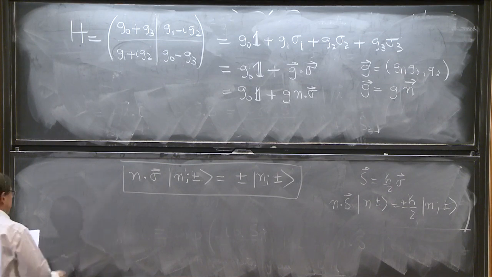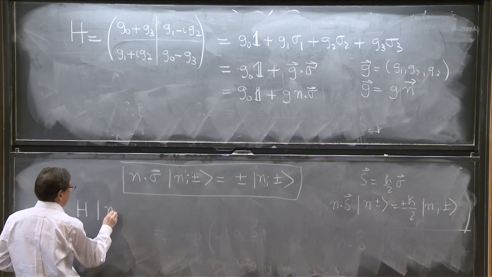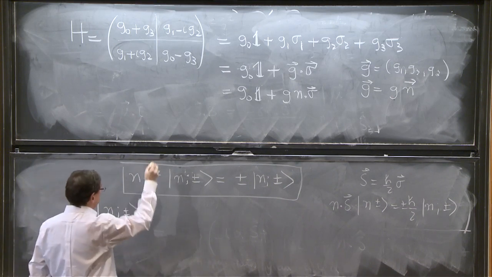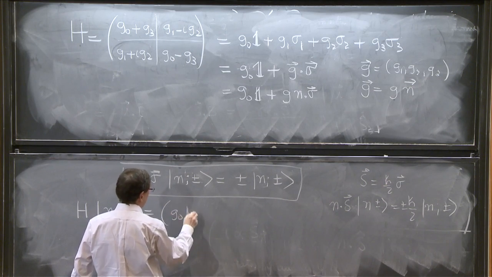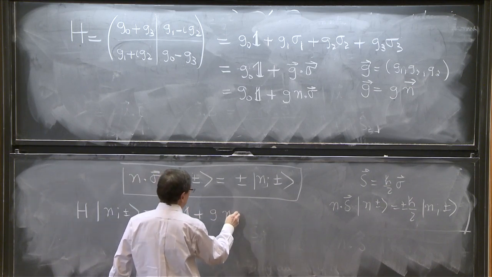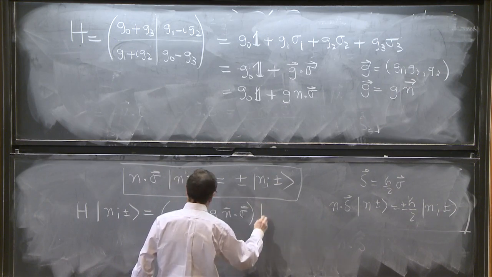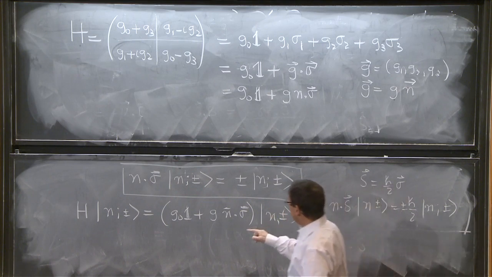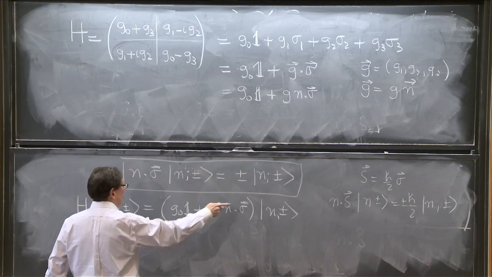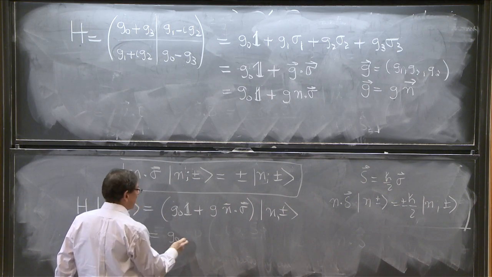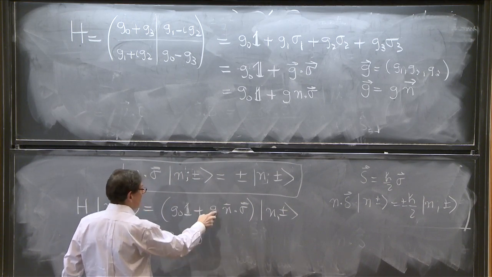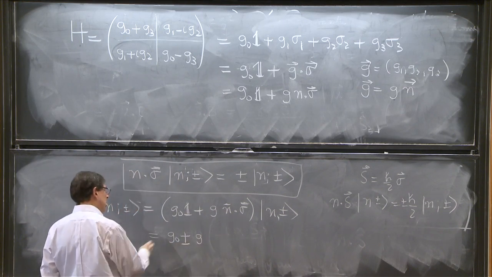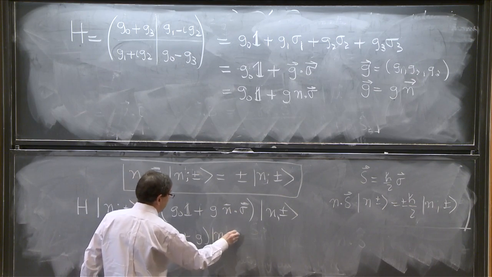And what is the value of the energy on n plus minus? Well, the energy on n plus minus is g naught times 1 plus g n dot sigma on n plus minus. And g naught times 1 on the states is g naught, plus g times n dot sigma, which gives plus or minus g, on n plus minus.